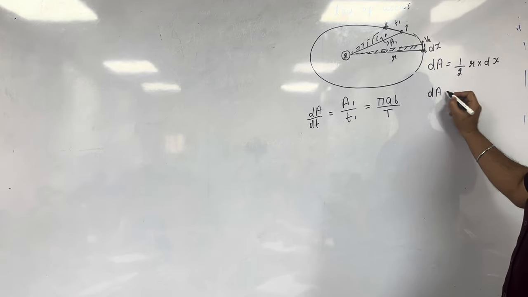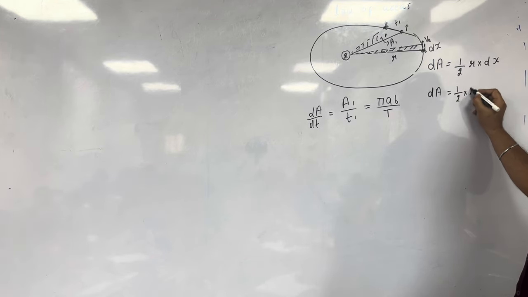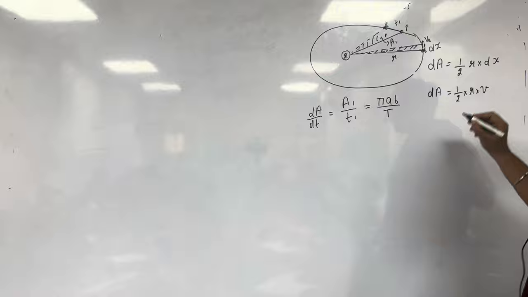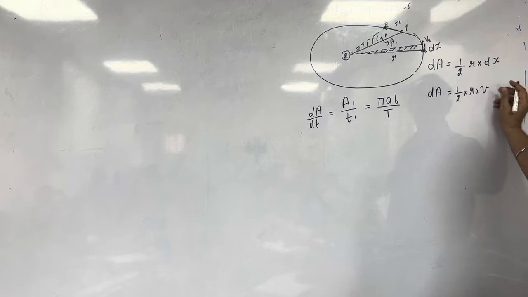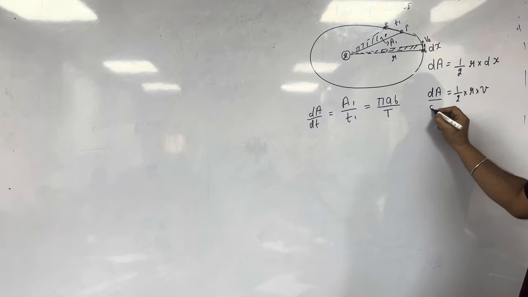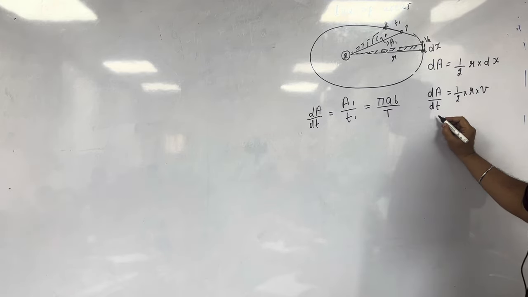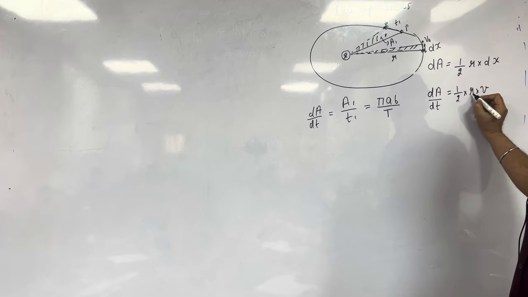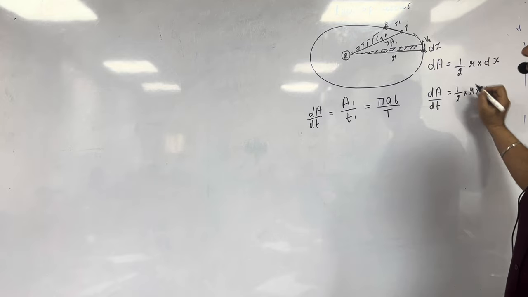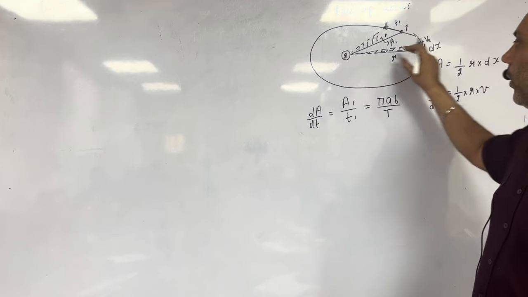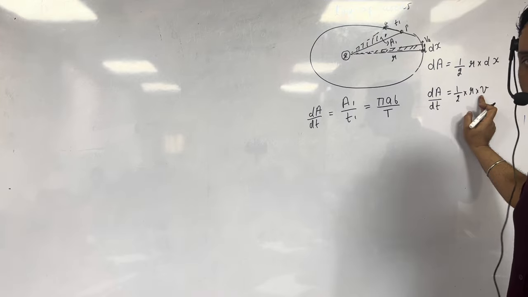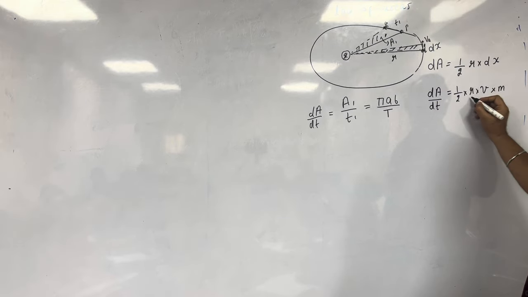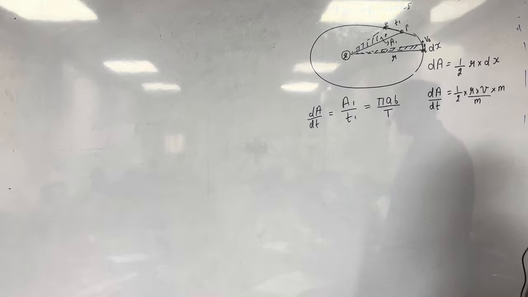So dA is equal to half into r into dx. I can write dx as velocity at this point, v into dt. So dt I can take on the right side. So dA by dt, which is basically areal velocity, is half into r cross v. R cross v for any other point; for this point, r and v are perpendicular, just r into v. Now multiply by mass and divide by mass.